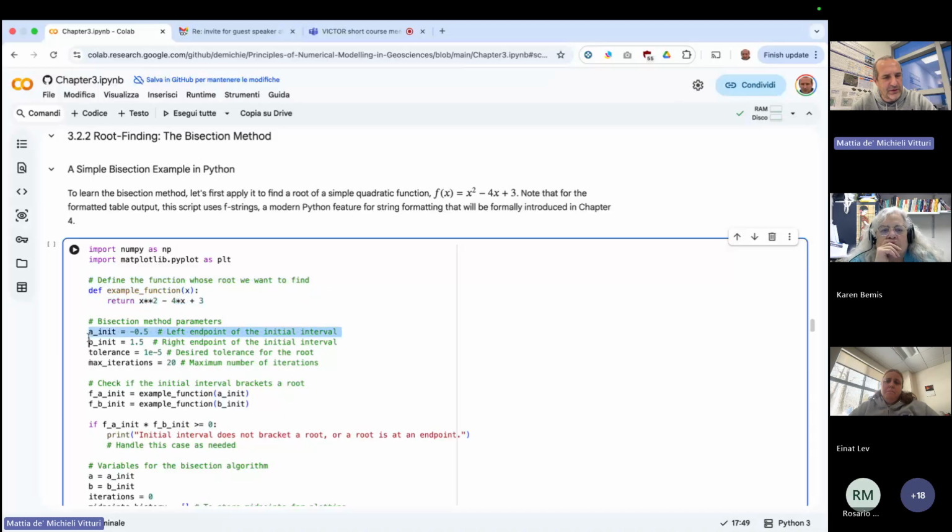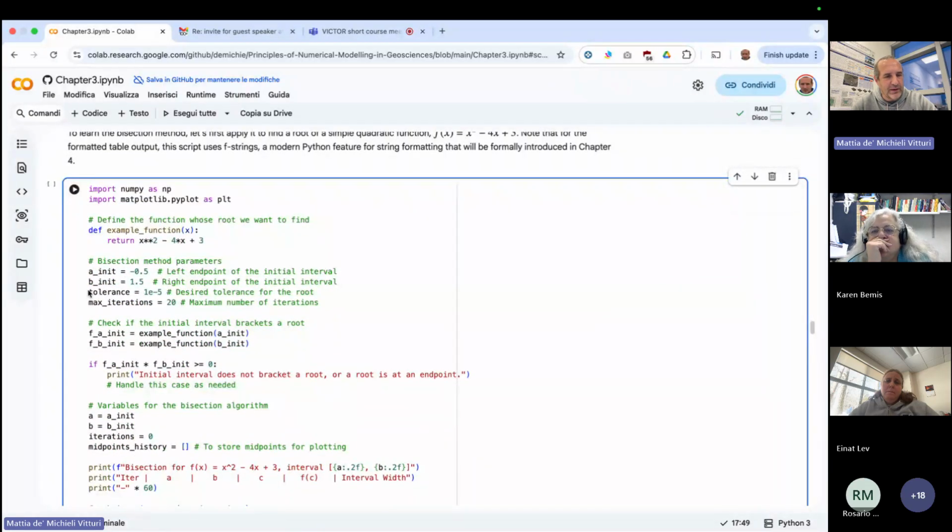We define first the edges, the limits of the interval, in this case minus 0.5 and 1.5. We define a tolerance. This tolerance is to check that when the value of the function is smaller than this, we consider our point a good solution, close to being a 0.